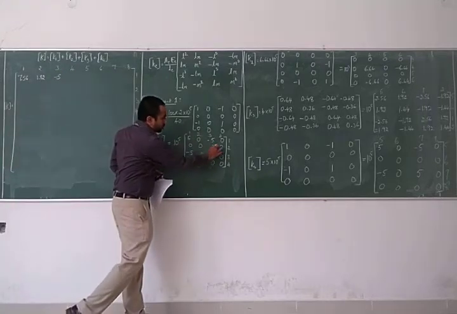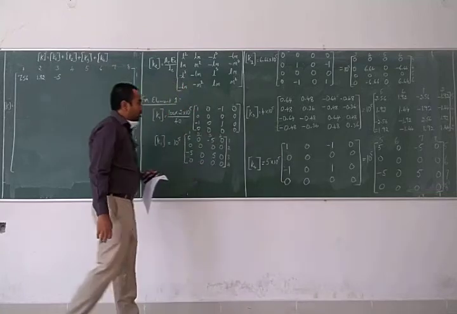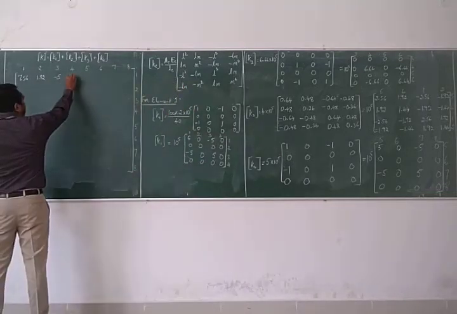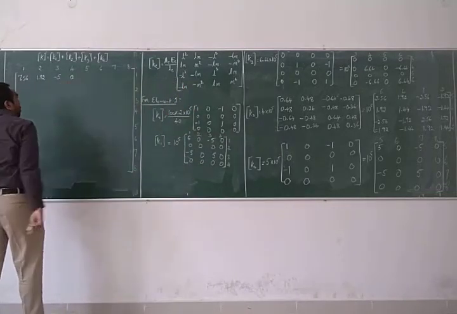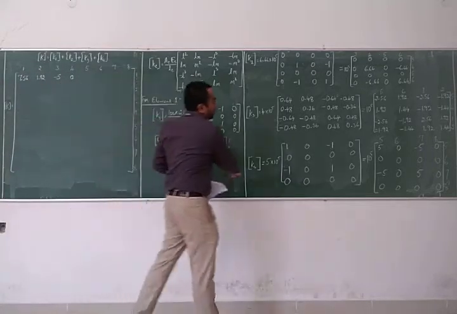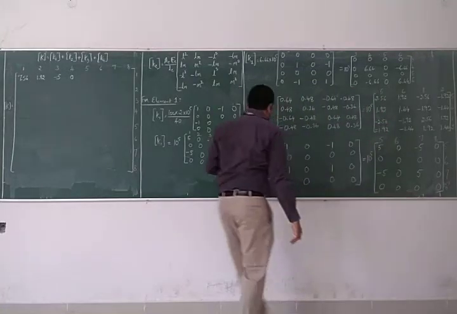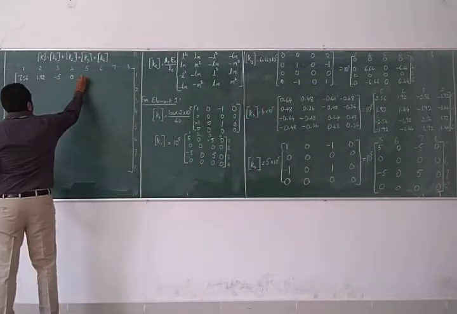Column 4 row 1 is 0. There is no other term pertaining to column 4 row 1, so it is 0 only. Column 5 row 1, there is no term here, but here column 5 row 1 is minus 2.56.